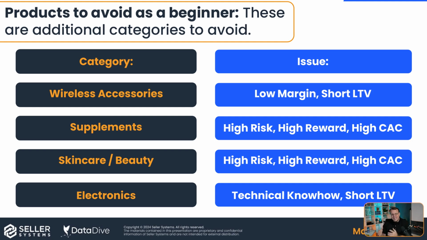So it's not something you want to do. Now, supplements and skincare and beauty are products, and grocery to an extent. Those are products that you get reorders. So there is a customer acquisition cost, or CAC. And that is the game that those sellers play. They're willing to pay $20, $30, $40 to acquire a customer that makes a $30 or $40 purchase.